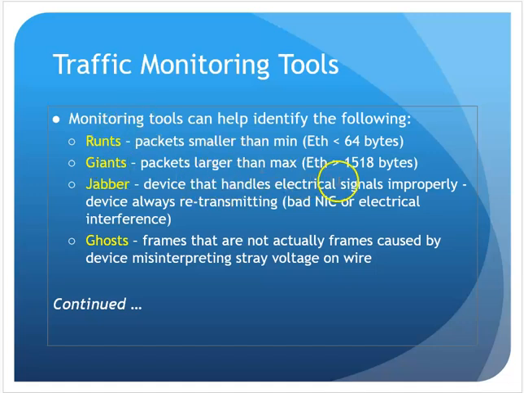Giants are packets larger than the maximum. Jabber is a device that handles electrical signals improperly, like a bad NIC or electrical interference. It's always retransmitting. Ghosts are frames that are not actually frames, but are caused by a device misinterpreting stray voltage. So it thinks this voltage is actually a 1, when it's not.